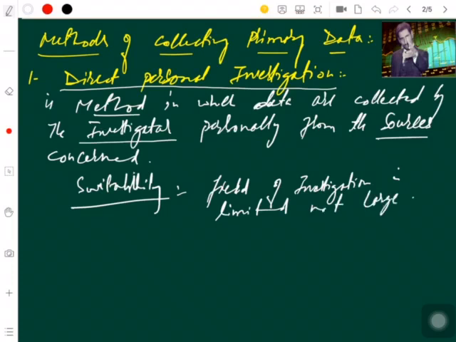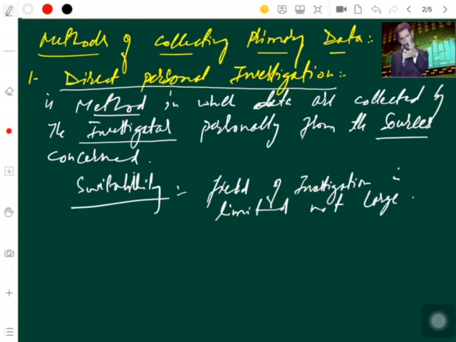If you have a very large field of investigation, you would require secondary data, or you would require to employ persons. But if you have a very small field of inquiry, then it's the most suitable thing to adopt, that is direct personal investigation. You'll go yourself, ask the person about the thing.